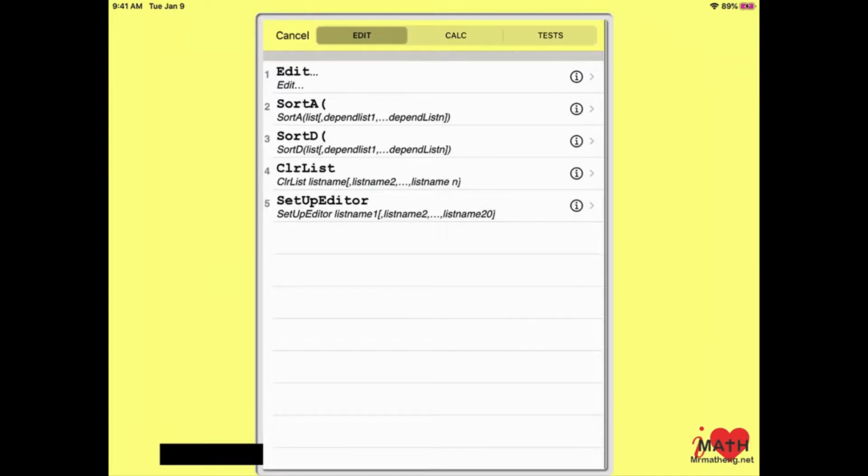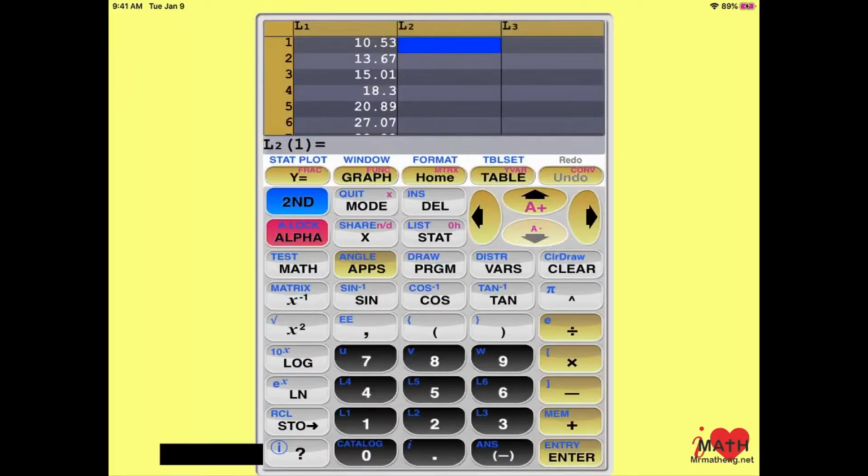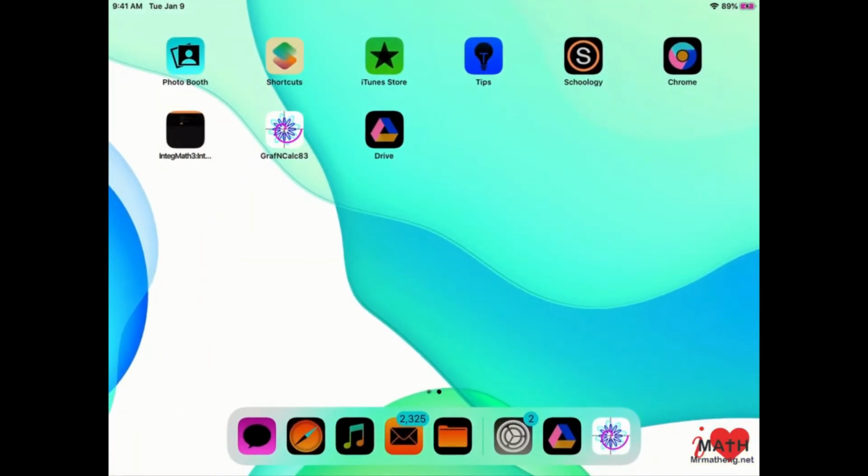So edit, list, go down, and no, I want that to be L1, second, stat, L1, enter. No, it's kind of hard to do here. I won't do it because I can't. So a graphing calculator can kind of make the table, but you can just spit it out. And you can actually also figure out the standard deviation with your regular scientific calculator. You just have to figure out how to put it into the list.